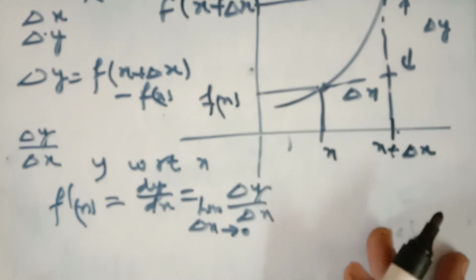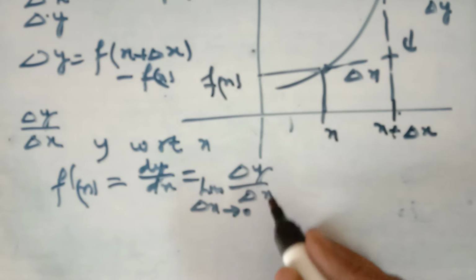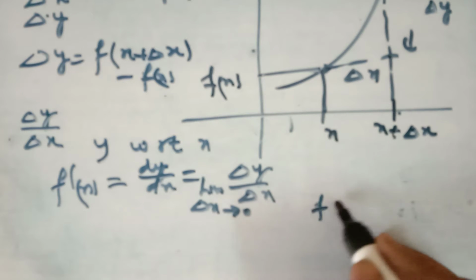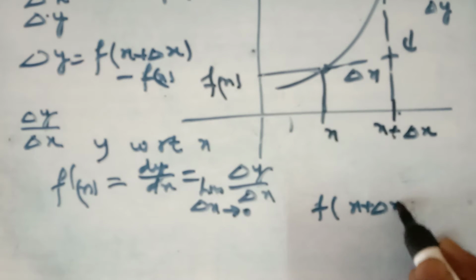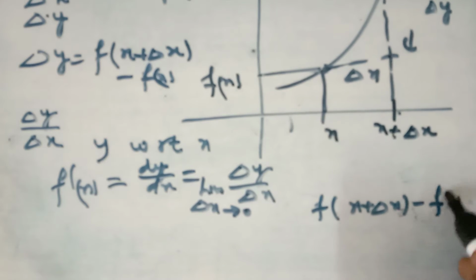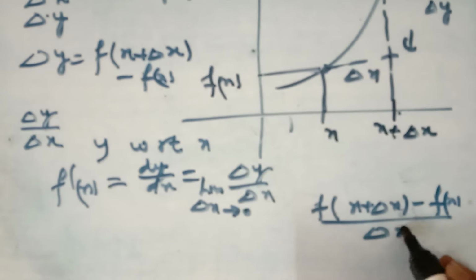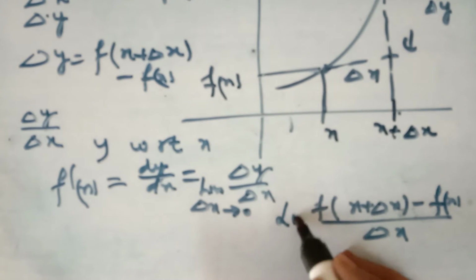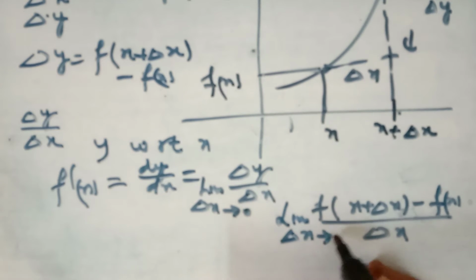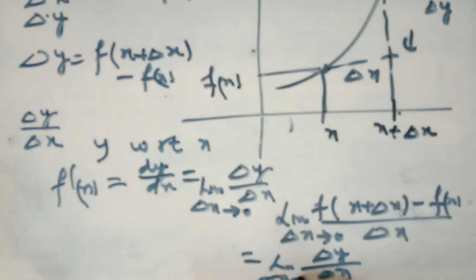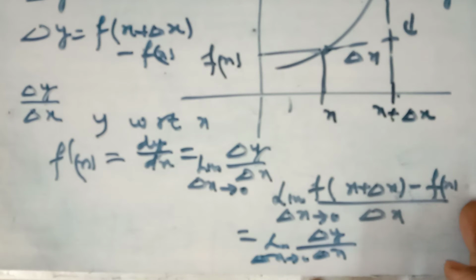So you can replace the value of delta y: the limit as delta x goes to 0 of f(x + delta x) minus f(x) upon delta x will be equal to the limit of delta y upon delta x as delta x goes to 0, like this.